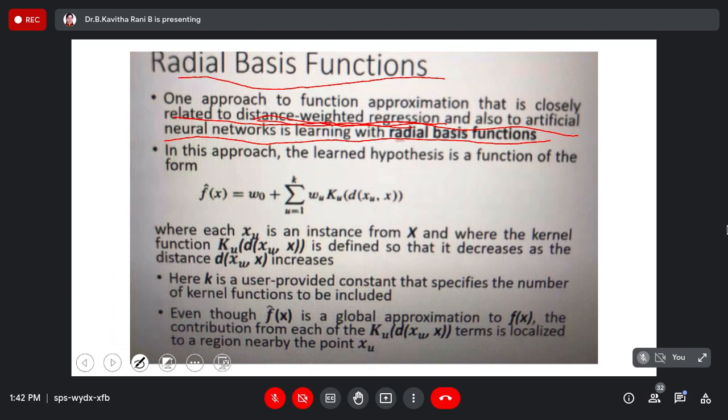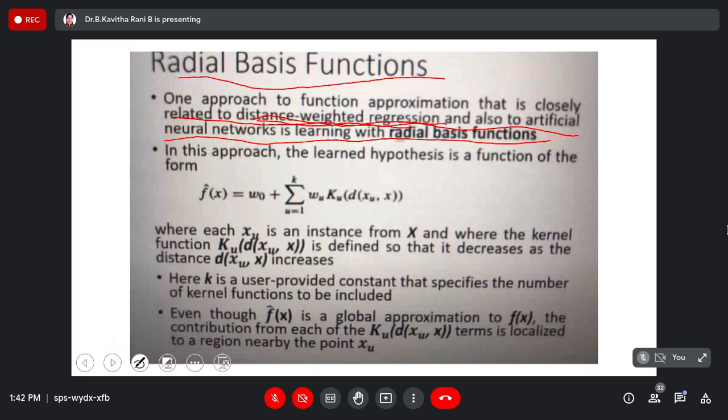Okay, so it is using a distance based metric as we are using in KNN, like Euclidean distance. It will be using a kernel function between the new instance and the existing one.